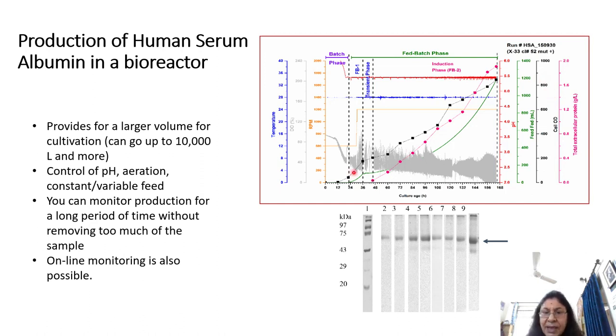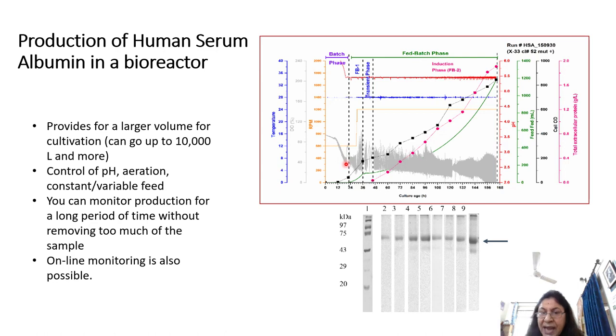Similarly, what you see in the gray here is the dissolved oxygen. The scale for this gray color is the dissolved oxygen. Initially, because the cell density is very low, the total amount of dissolved oxygen in the culture broth in the bioreactor is very high. But as the cell density picks up, the cells start to consume the oxygen which is available.